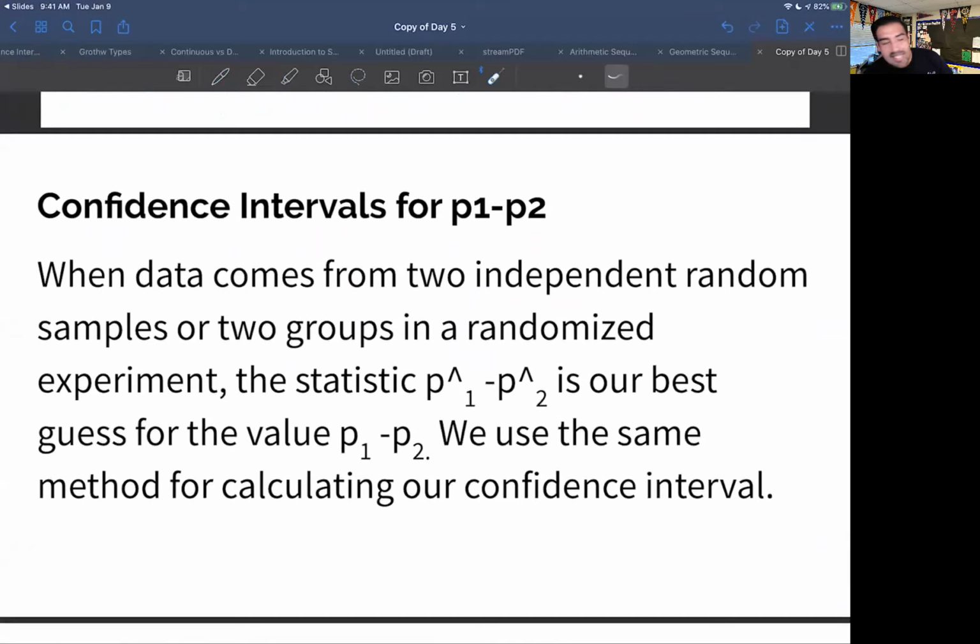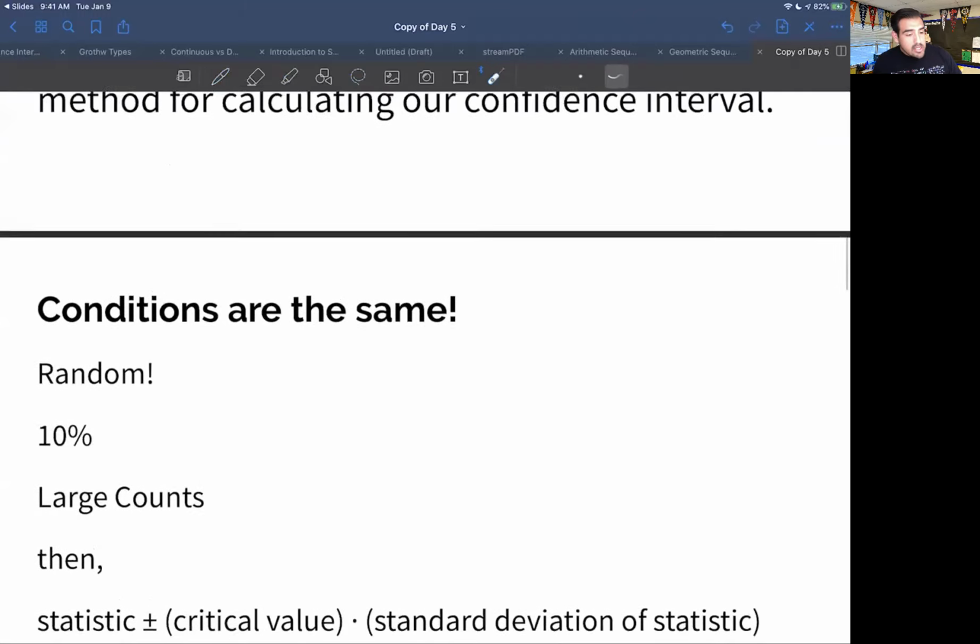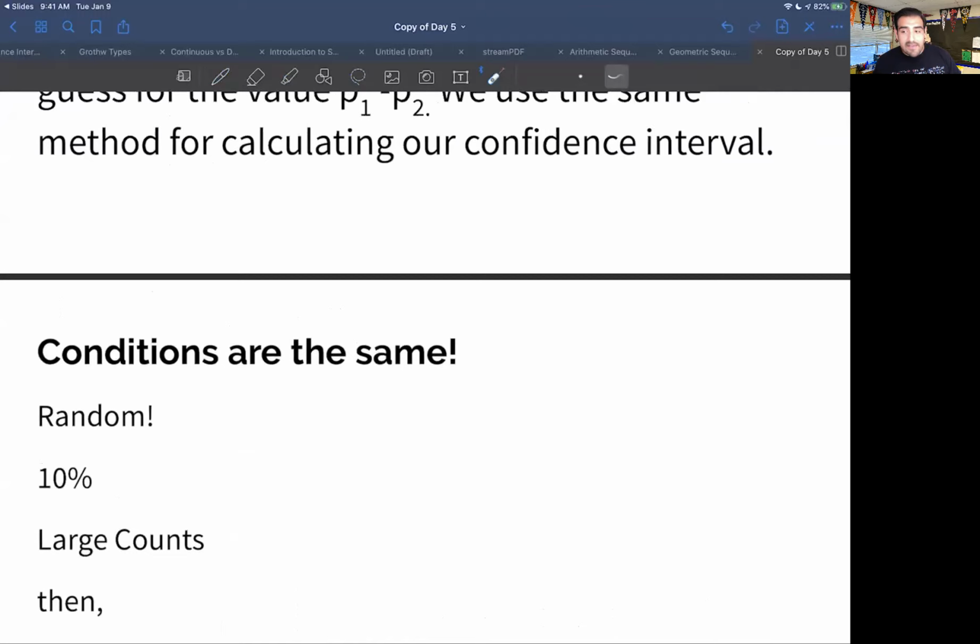We're going to use the exact same method for calculating our confidence interval, so the conditions have to be the same and have to be met. The first one is that they are random. Don't forget random, look for the word SRS. And that has to be for both samples, not just one.